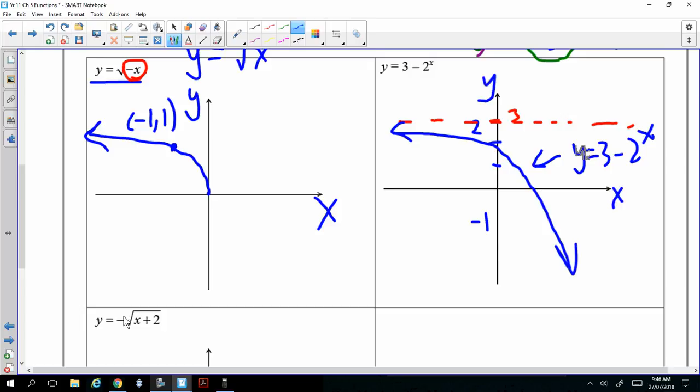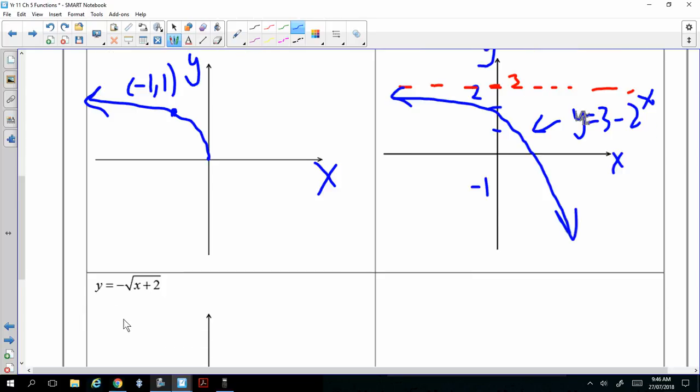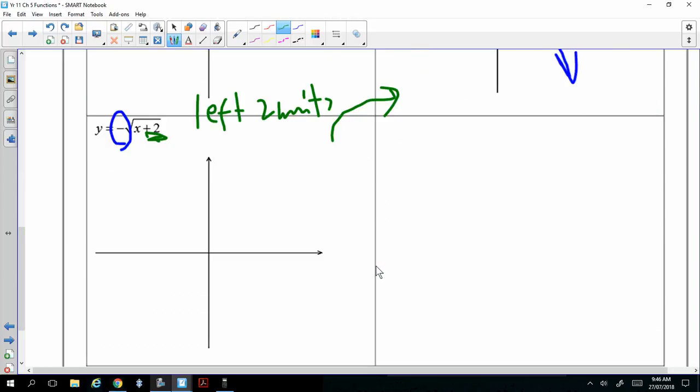Now, what shape is the square root? It looks like this, right? So you have to draw a square root graph. So that would have been a negative square root. And then when you shift left 2 units, it goes like this, right? Okay, so let me rub this off because you get confused with too many lines. Alright, so we'll just draw this bit. Negative 2.